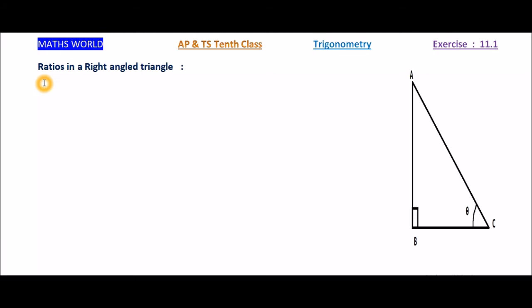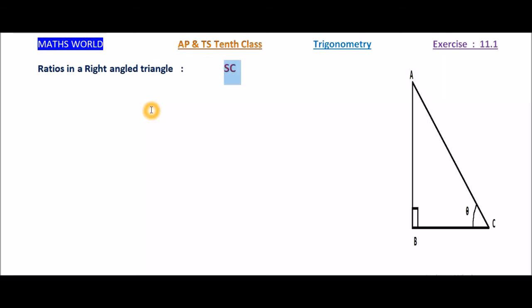Now the ratios in a right angle triangle. What are the ratios? This topic is very, very important, and without understanding this topic, we cannot do a single problem in trigonometry. That much important. So listen carefully. Just remember 3 words.